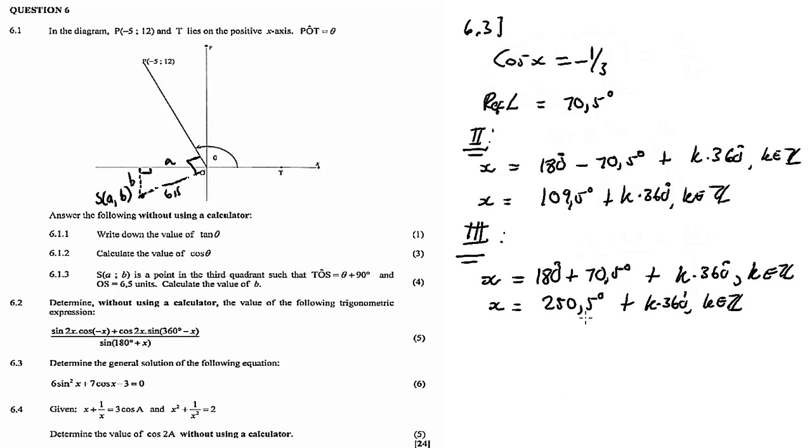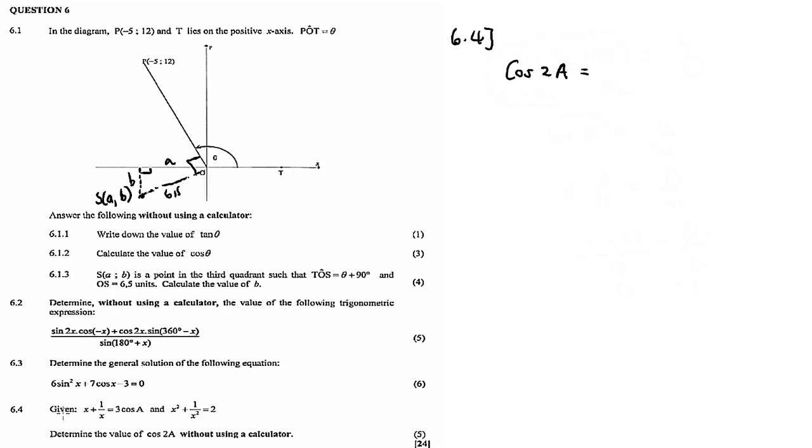Now on to 6.4. What do they want with 6.4? Okay, now 6.4. I want cos 2a.